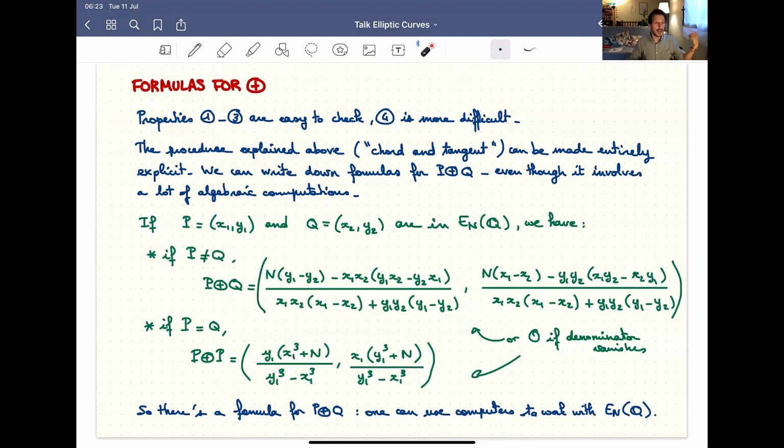Going through the slides once more and writing down what I said in words, you can find the formulas here for P plus with a circle Q, where P and Q are distinct, and for the case where P equals Q. There are formulas for the coordinates of this point. Again, it's not important what the formula is. What's important is that the formula exists, and you can plug this into a computer and work with this pretty explicitly. Okay.